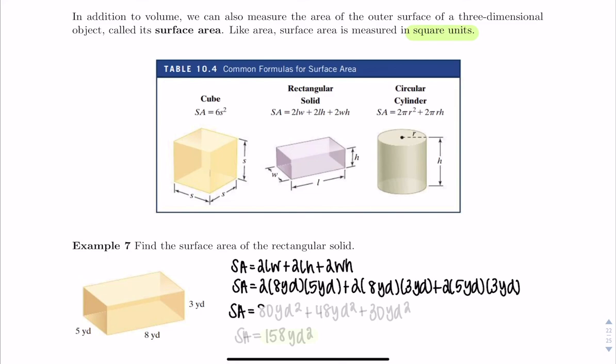And so we get 80 square yards plus 48 square yards plus 30 square yards, which gives us a whopping total of 158 square yards.